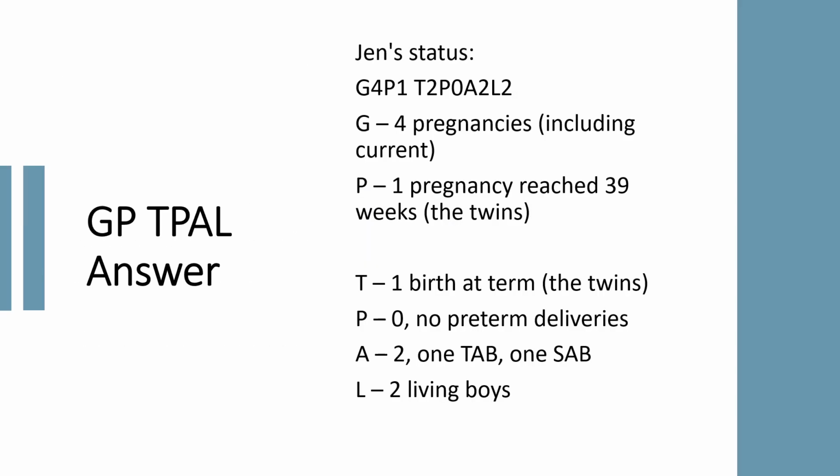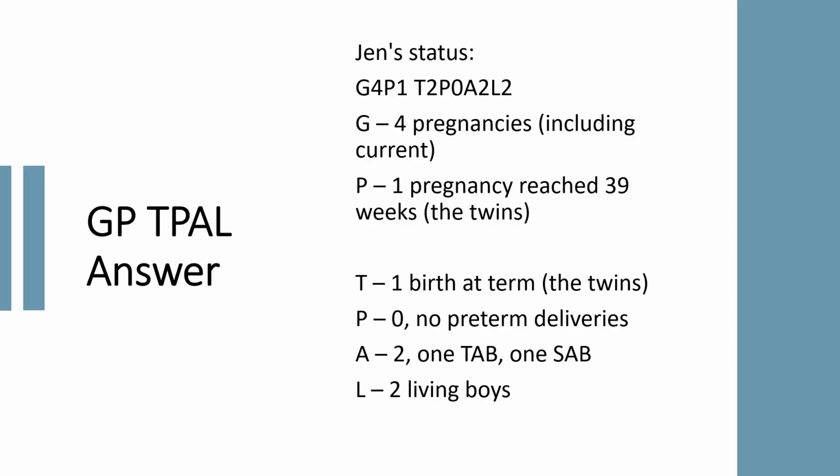All right, let's check your answers. So your answer should be G4, because she's had 4 pregnancies, including this current pregnancy. P, para, she has 1 pregnancy that reached 39 weeks, which is the delivery of the twins. And if you break it down further, T, there should be 1 term birth of the twins. So remember, twins only count as 1 because that particular birth happened when the baby was term, which is at 39 weeks.